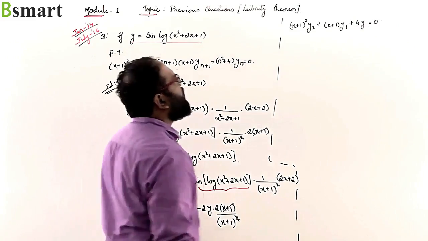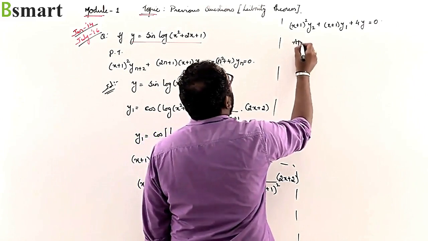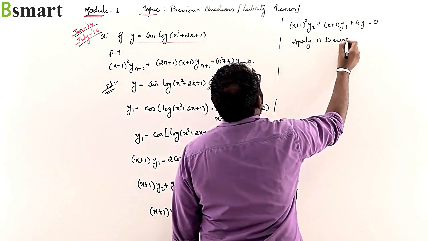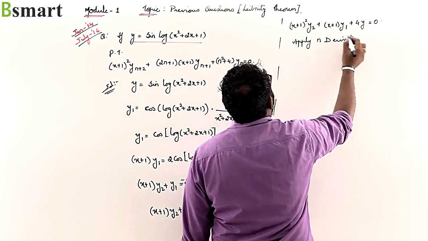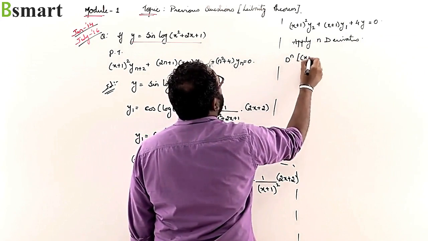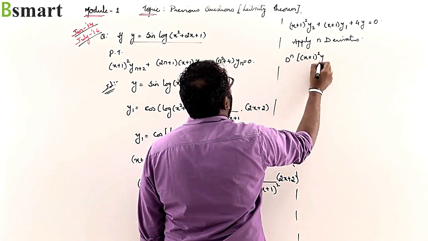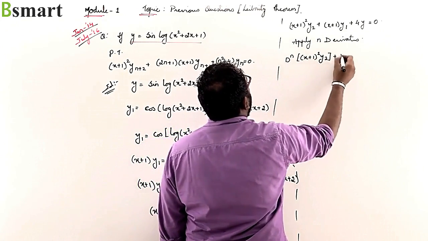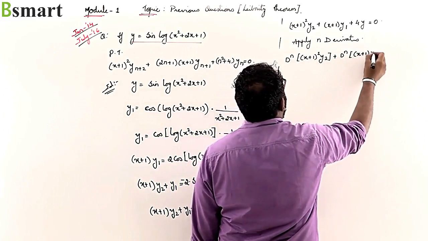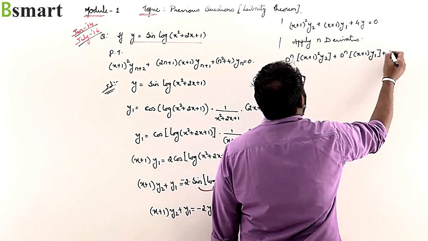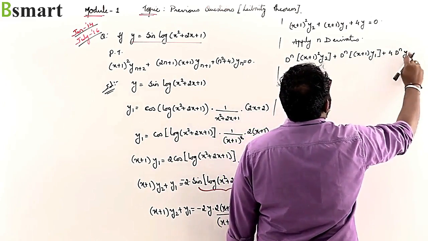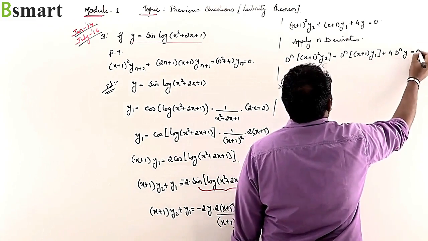Now in this way apply n derivatives. So if we apply n derivatives, what do we get? That is d to the power n of x plus 1 whole square into y2, plus d to the power n of x plus 1 into y1, plus 4 into d to the power n of y, is equal to 0.